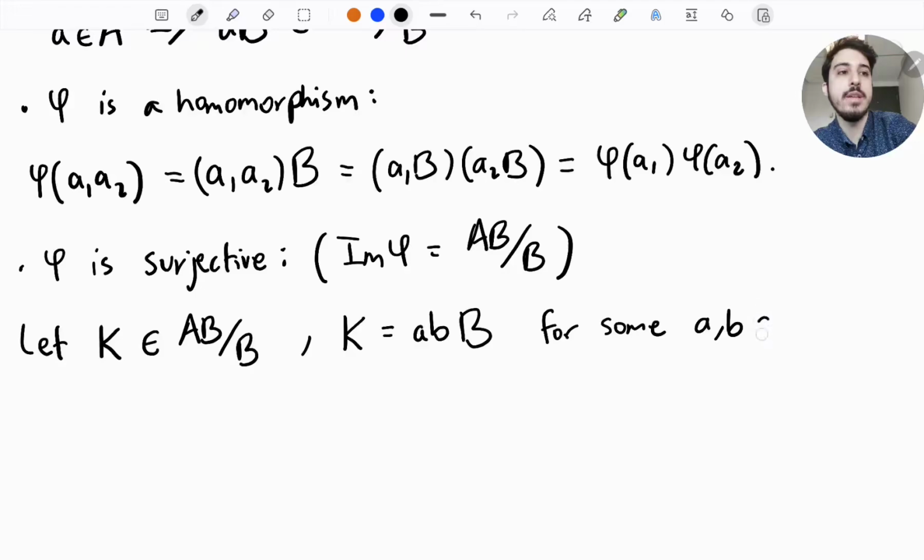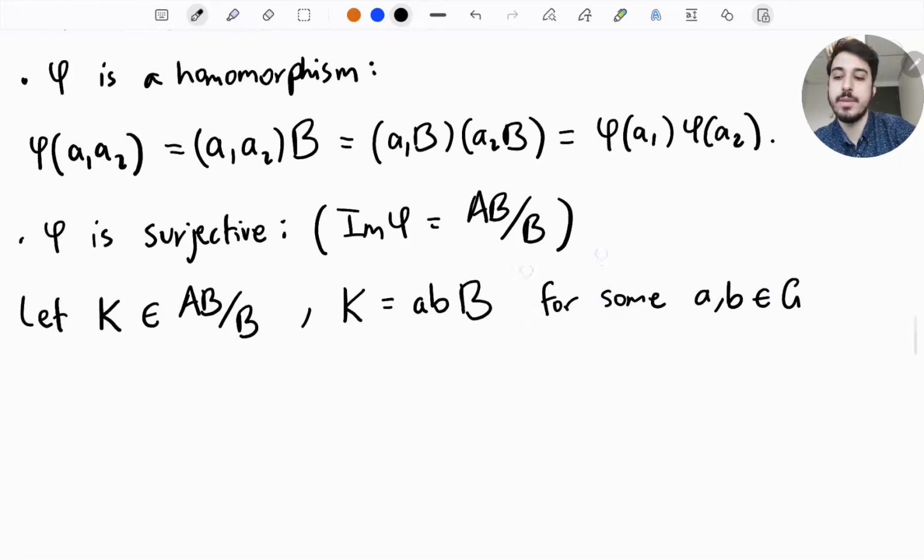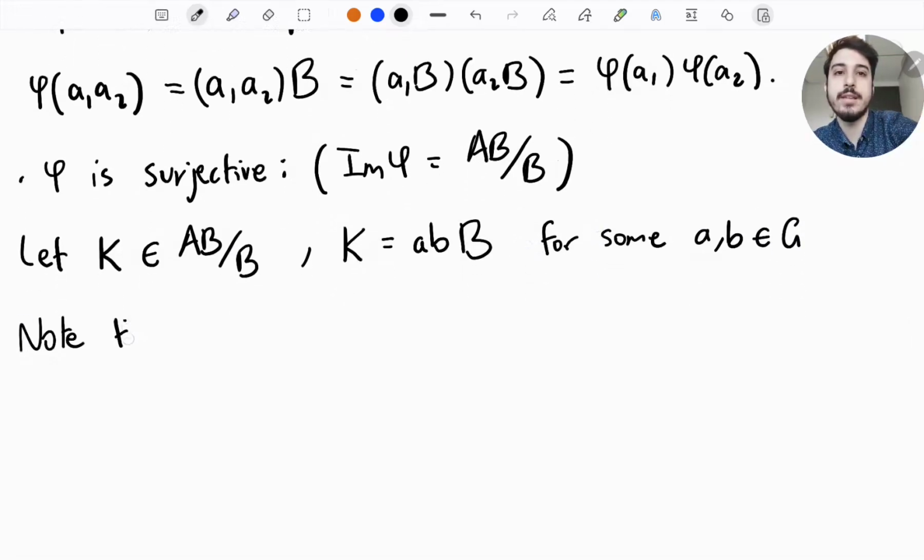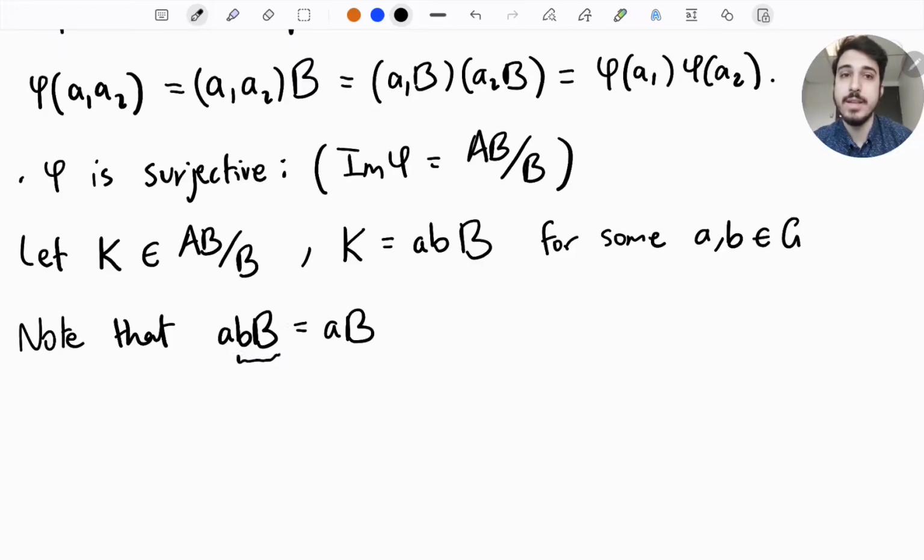So this is just some random coset in AB/B for some a and b in G. Note that abB is just equal to aB, because essentially B times any element in B gives B itself, because B is a subgroup. It is closed under the group operation.